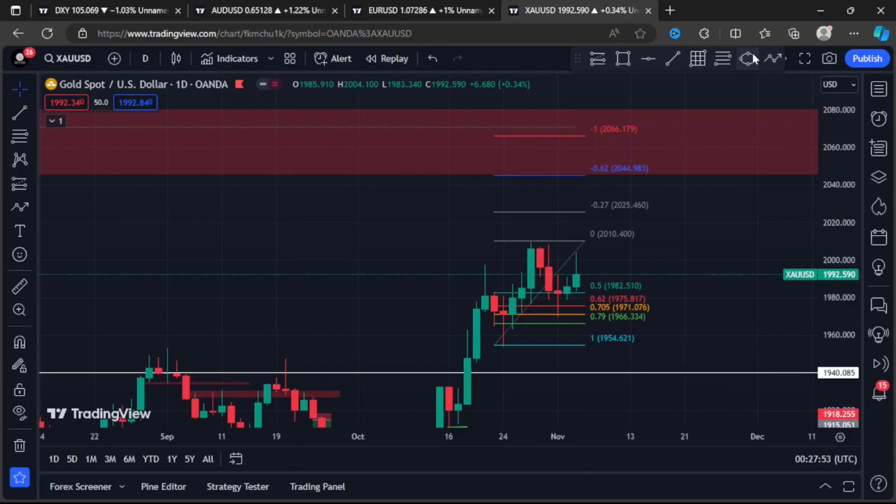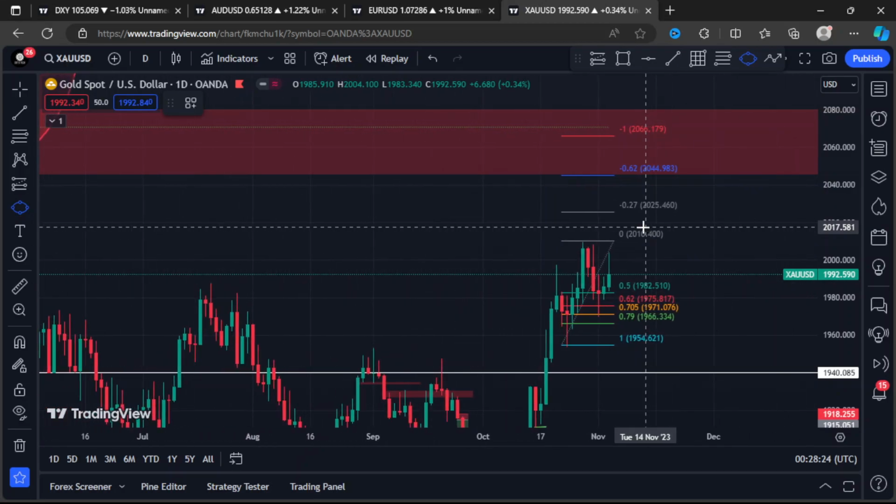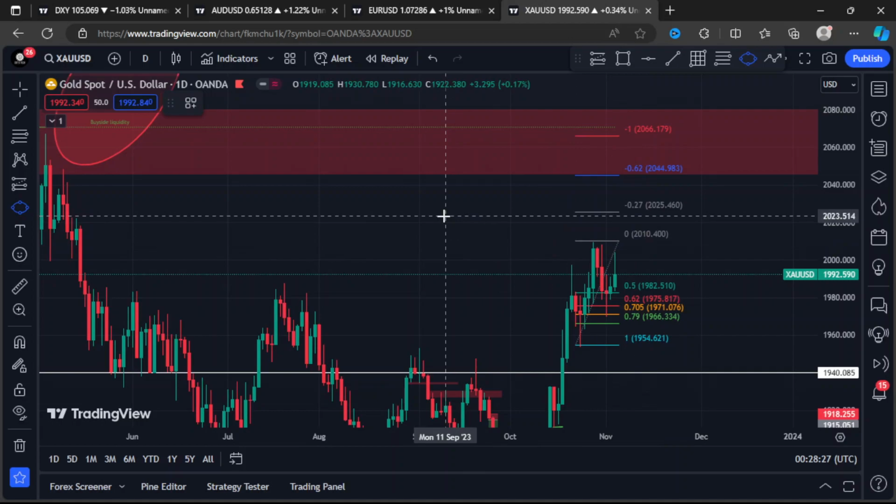So moving from here, I think we'll be targeting the first TP around 2023 and the second TP around 2045. So I think these are the first and second TP, and extended TP you can also look at around 2065, or perhaps a break to grab liquidity, the buy side liquidity around almost 2080.